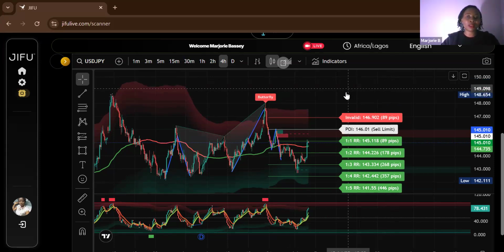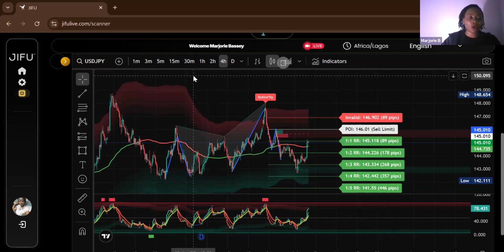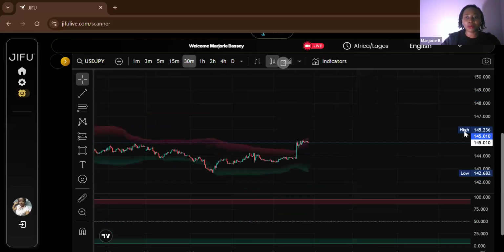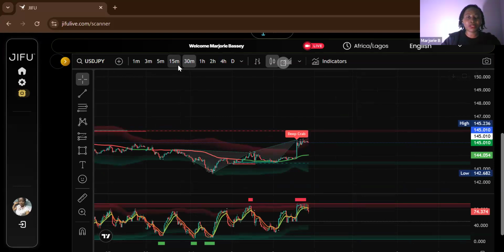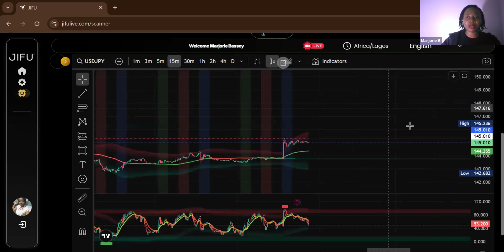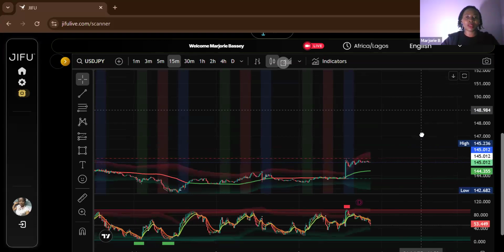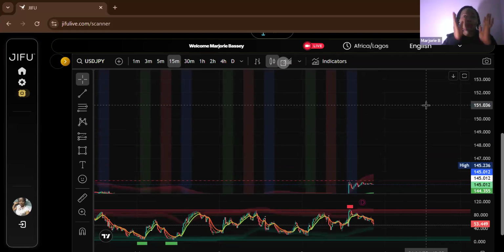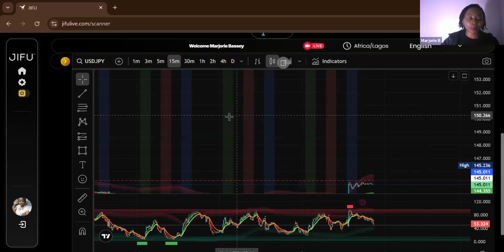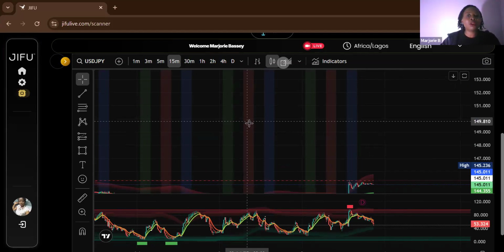Another thing that is also built into this is the session reversals. You see those session reversals on the lower time frame, from 15 minutes. These session reversals are the vertical color-coded columns here, with the green representing the Asian session, the red representing the London session, and the blue representing the New York session.